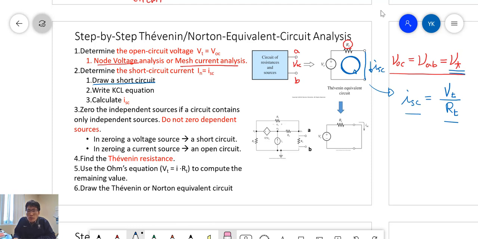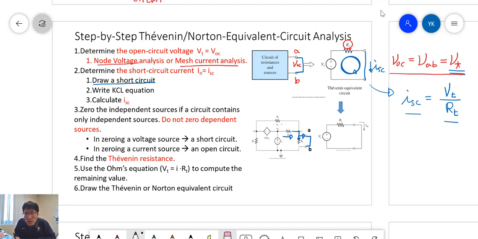Okay, so now with the original circuit, you can connect the terminals with the short circuit. Same thing, connect the A and B terminals, and then current comes in through the channel and will split, going either to the short circuit or down to the resistor.